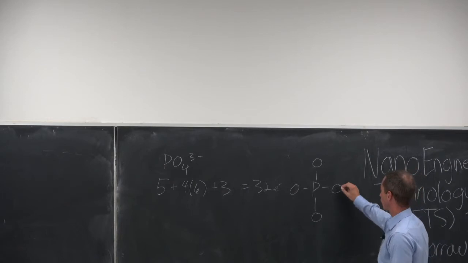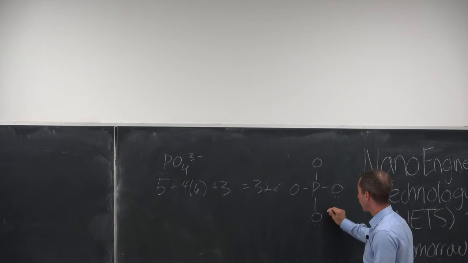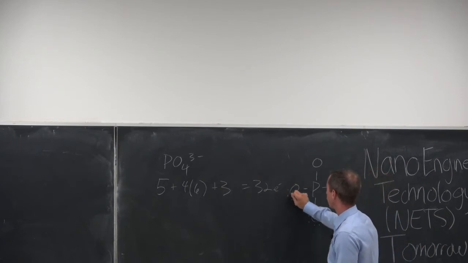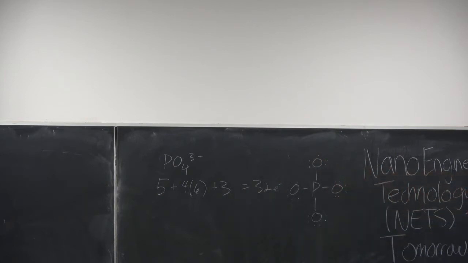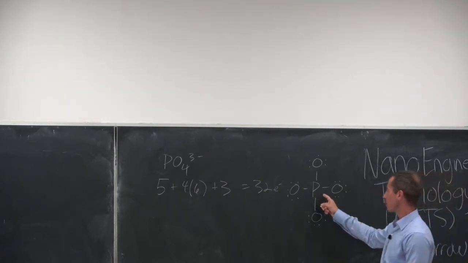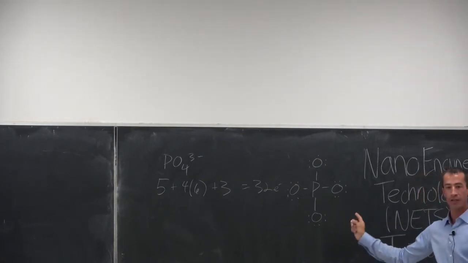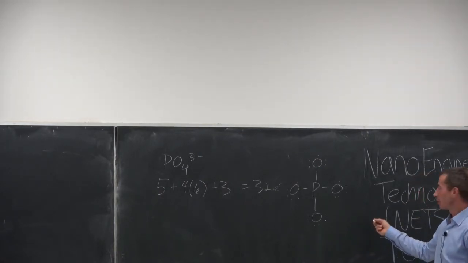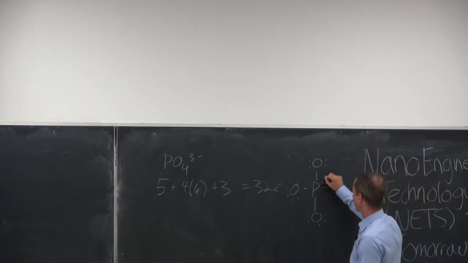Then 10, 12, 14, 16, 18, 20, 22, 24, 26, 28, 30, 32. So what do you think about this? What would be the charge on this? On each oxygen it would be negative, and phosphorus would be +1.